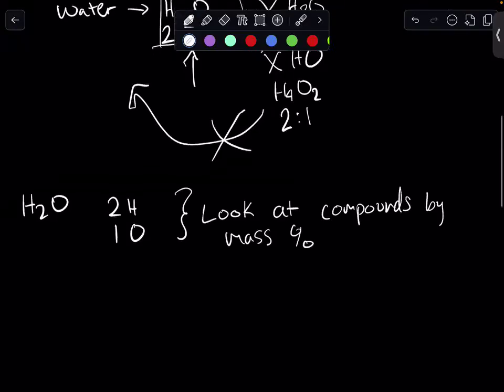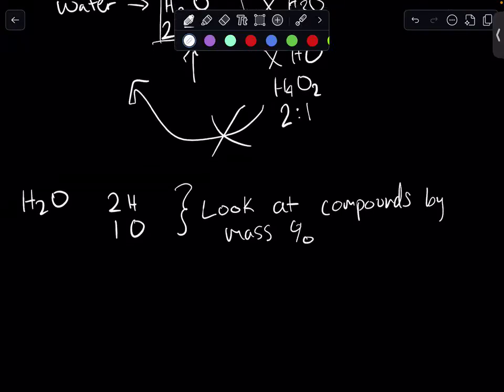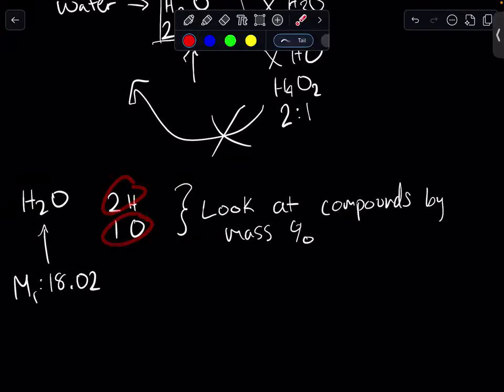So what I mean by mass percent is the percent of each element's total mass. So if we look at H2O, it has a relative molecular mass of 18.02. That is the sum of two hydrogens and one oxygen.